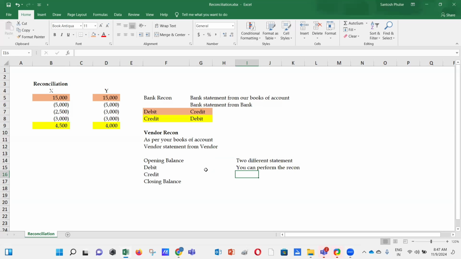If you consider the bank reconciliation, you have your own books of account and your other bank statement. If you're going to consider vendor reconciliation, you have the vendor statement as per your books of account and the statement from the vendor. So you have two statements for reconciliation. If you're going to treat it as a customer reconciliation, you have the customer statement from your books of account and the statement from the customers. Then only you're going to perform the reconciliation.